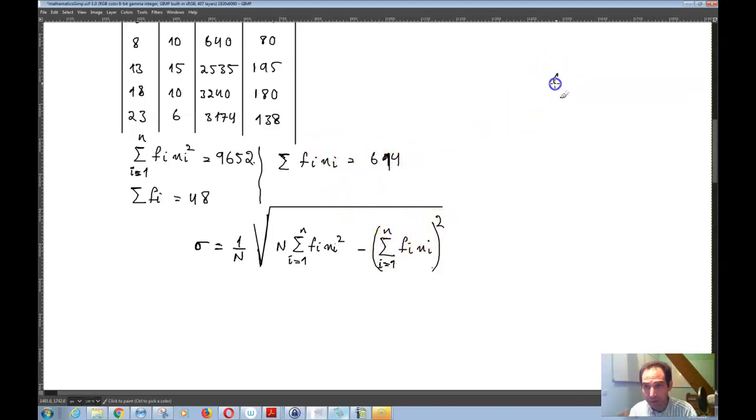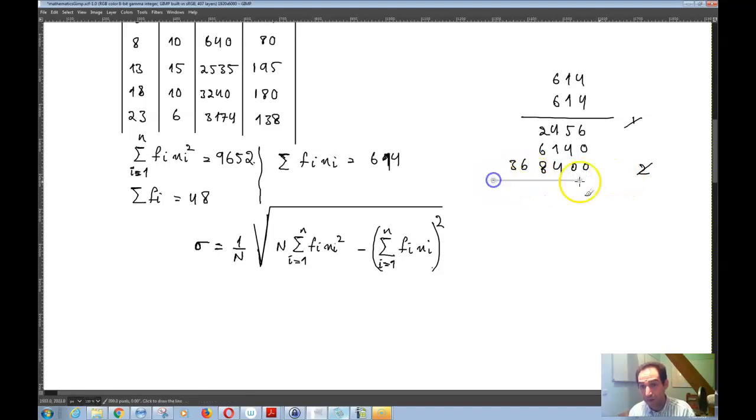This is squared. So 614 squared is equal to 376996.